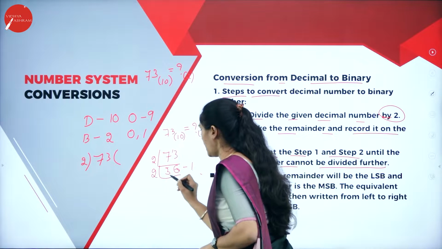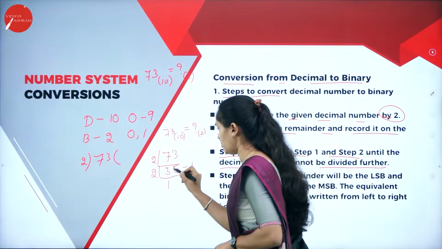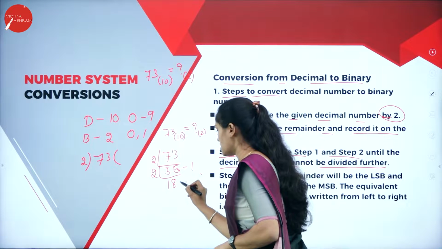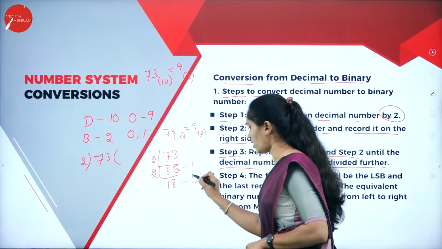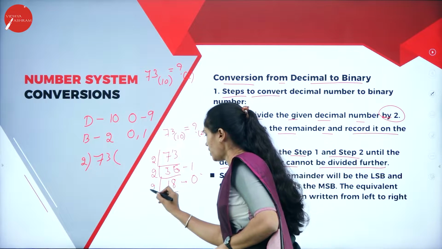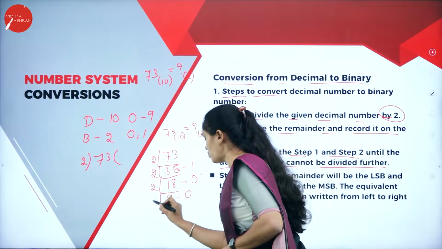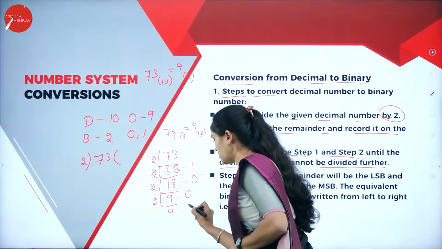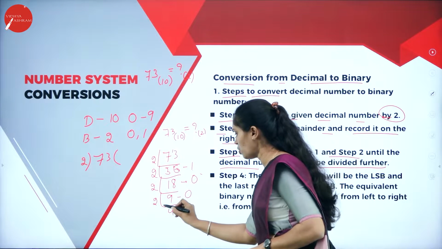So now again 2 1s are 2. 3 minus 2 will become 1. It becomes 16. 2 8s are 16. Is there any remainder? 18, 2 9s are 18. No remainder. Then put 0. Then 2 4s are 8, the remainder will be 1. 9 minus 8 will be remainder 1.